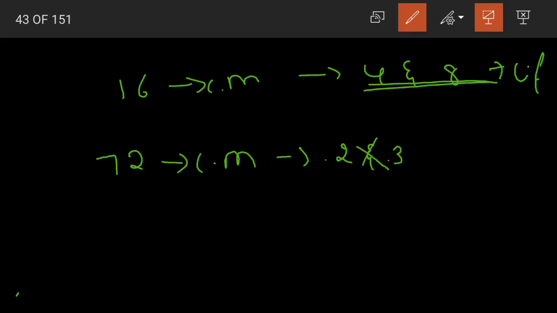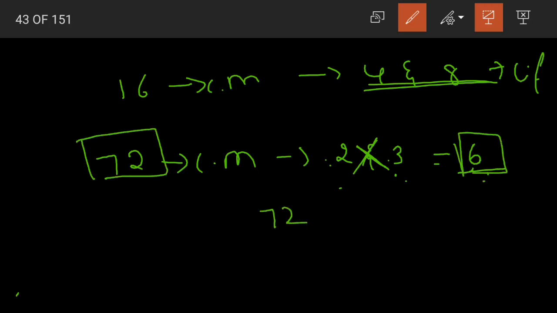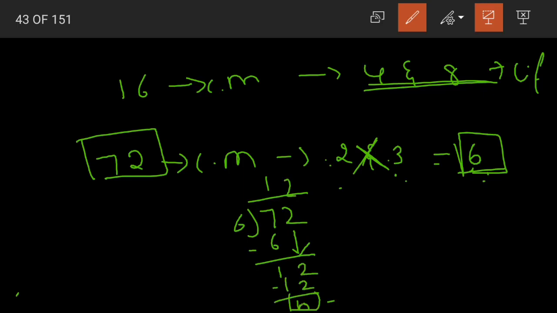If we multiply these two, 2 into 3, we'll get 6. So when we divide 72 by 6, 6 ones are 6, and when we subtract 1 is remaining, 2 brought down, 6 twos are 12, and when we subtract 0 is remaining, children.